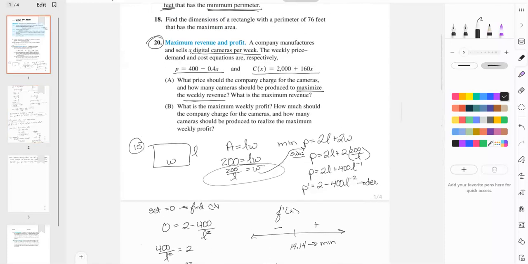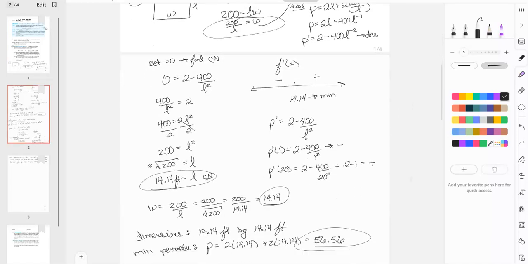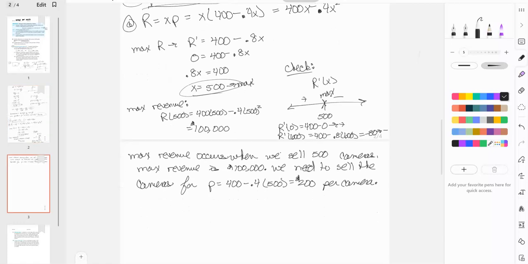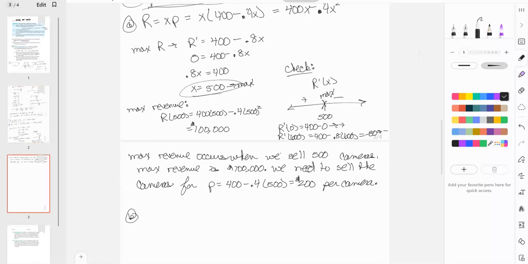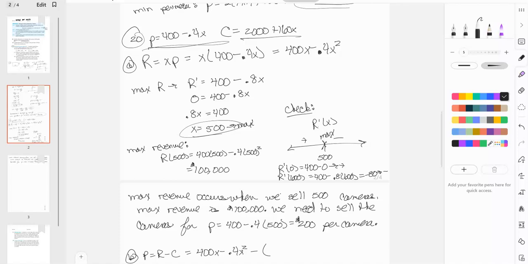Part B is looking at maximizing weekly profit. So profit is revenue minus cost. So my revenue is 400x minus 0.4x squared. And we're going to subtract our cost equation, which is 2,000 plus 160x.